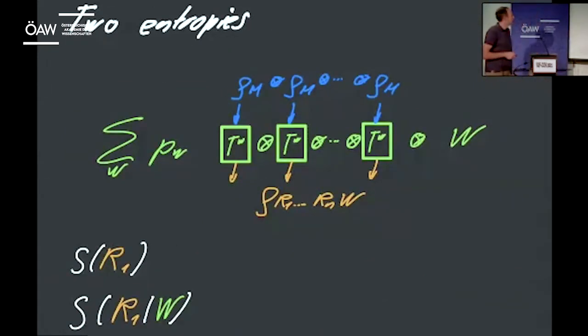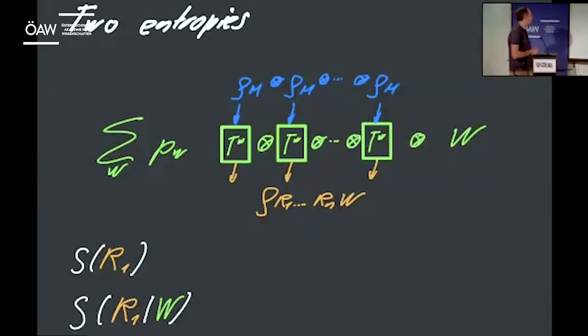Now, of course, if you have an unknown product channel, and this will be important, this is just an observation, you can calculate the entropy of just one outcome, the outcome R1. But now you can do two different things. You can either just calculate the entropy of R1, or you can calculate the entropy of R1 conditioned on knowing which of the channels it is among the convex combination.